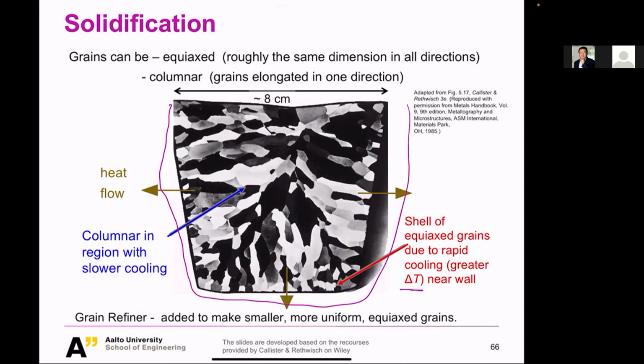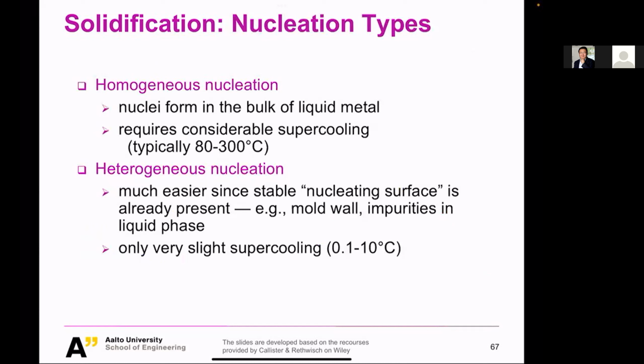This is directly related to the driving force, the delta T, or the nucleation rate of the solidification case. And there are two different nucleation types you could now imagine. That is directly related to the diagram I showed you before. The first one is so-called homogeneous nucleation. That is the case referring to the center of the material, because you're getting your solid phase out of nowhere. You have a liquid and suddenly you want to get some surface developed that looks like a solid.